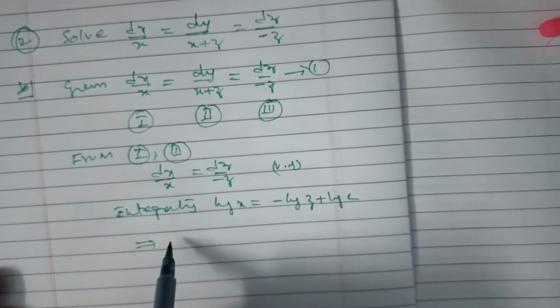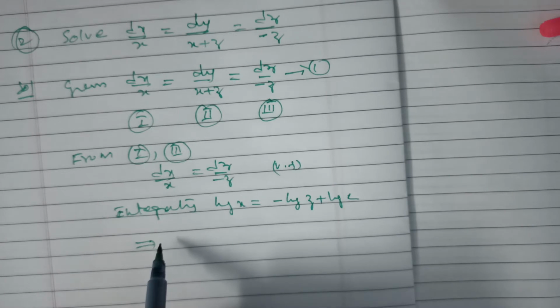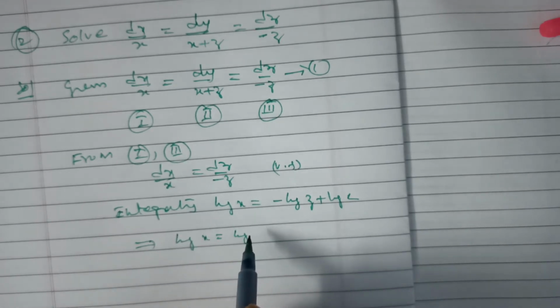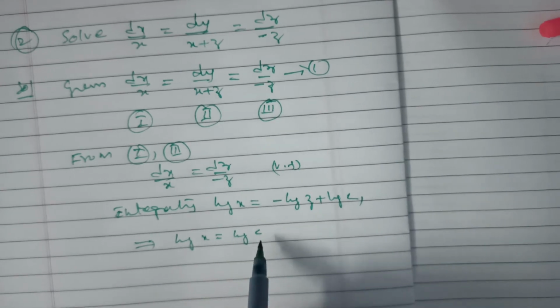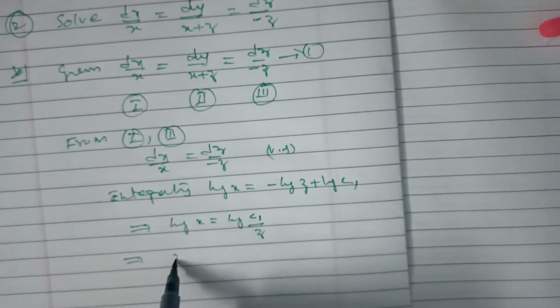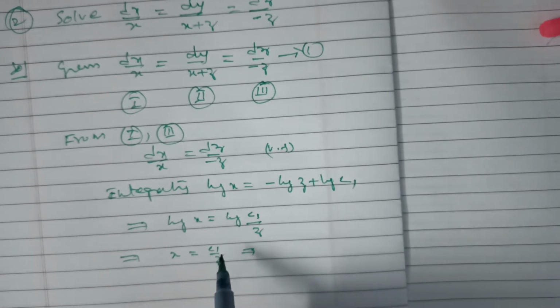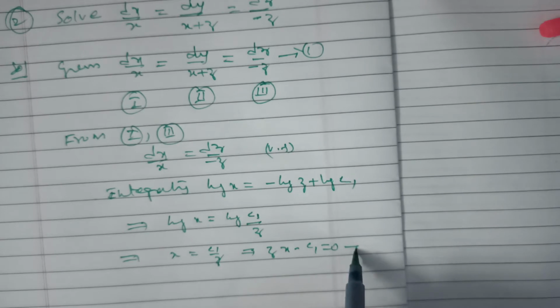This implies log x is equal to log C1 by Z. Eliminating log on both sides, x is equal to C1 by Z. This implies Zx minus C1 is equal to 0. Take this as equation 2.